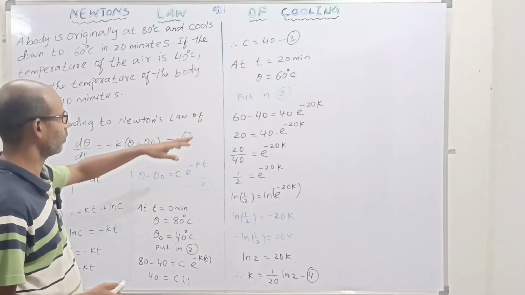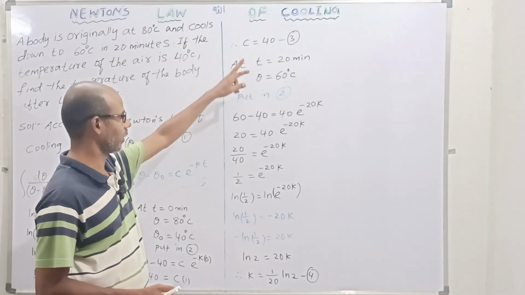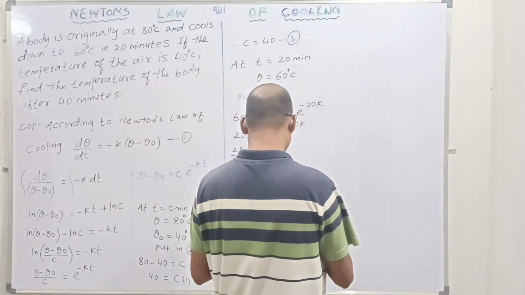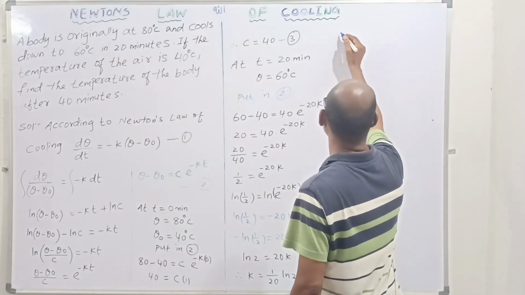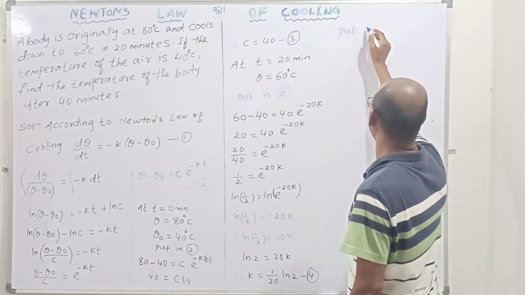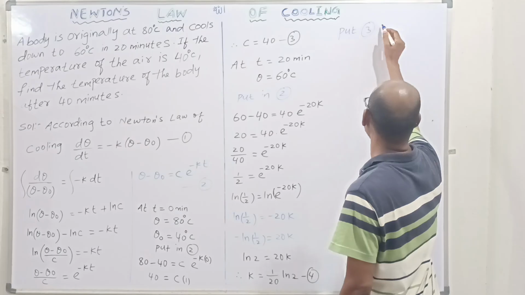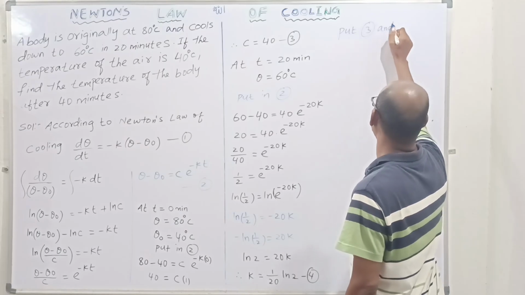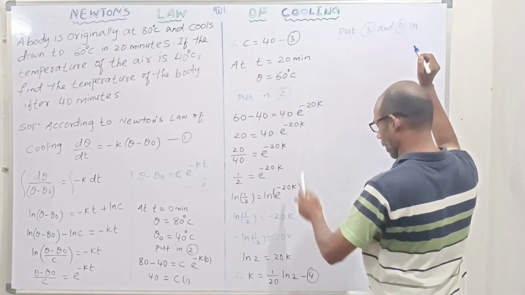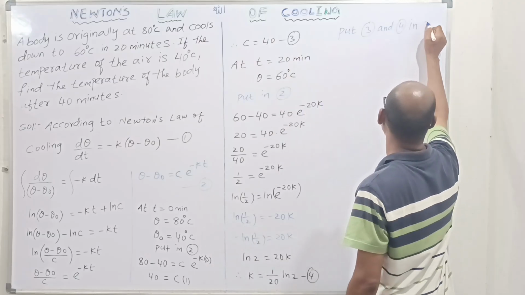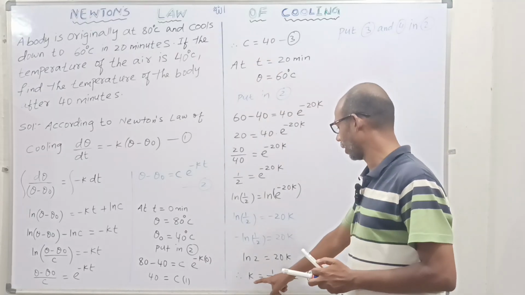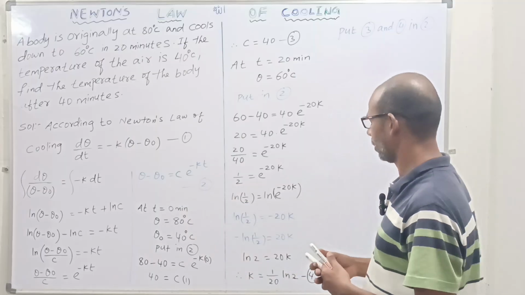Once we got the values of C and k, 3 and 4, we put 3 and 4 in equation number 2. So we are going to substitute the value of C and the value of k in equation number 2.